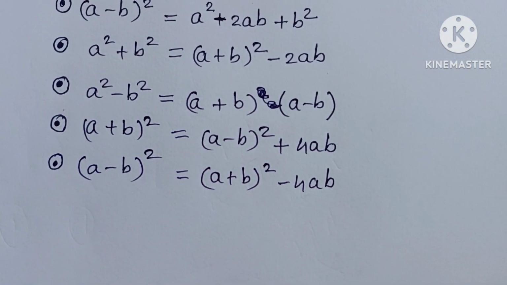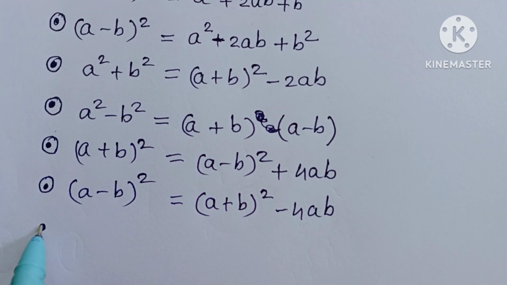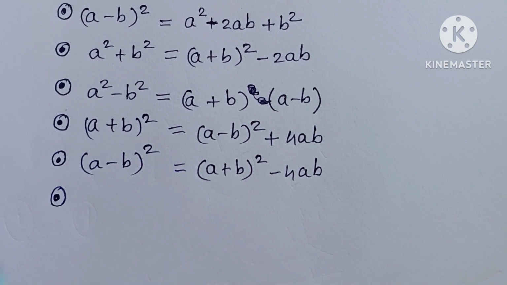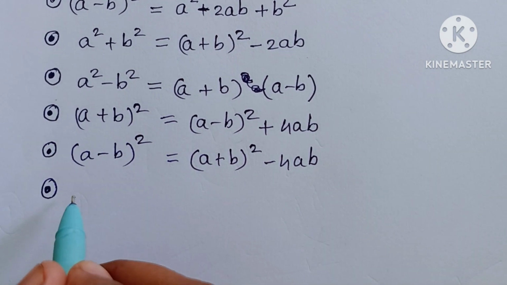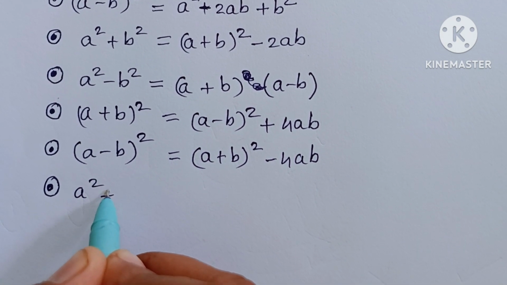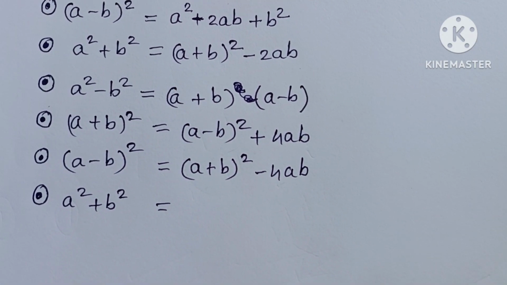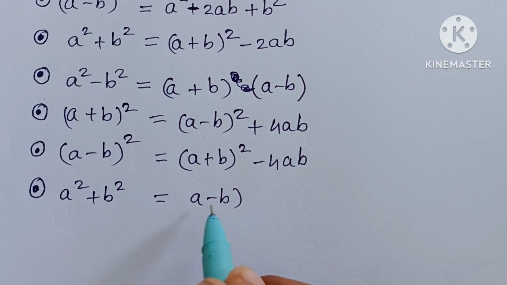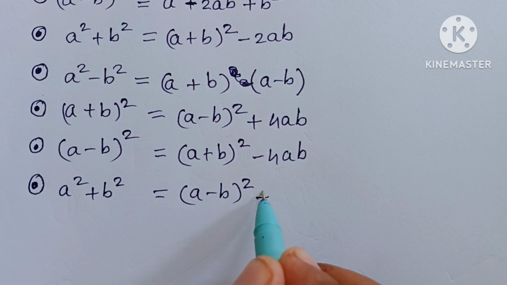Next identity: a square plus b square equals (a minus b) whole square plus 2ab.